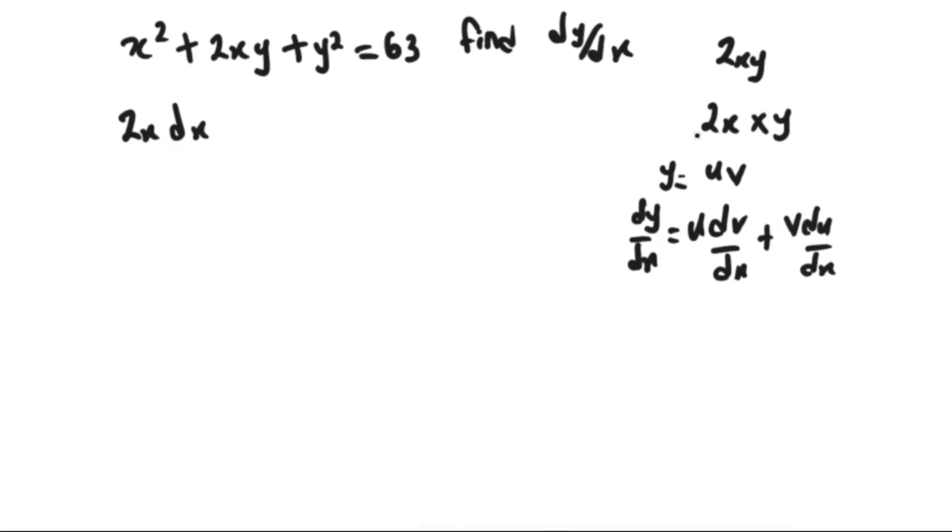Here we take our first to be u, which is 2x, and our second to be v, which is y. If u is 2x, du/dx gives you 2. If v is y, we differentiate that with respect to y.